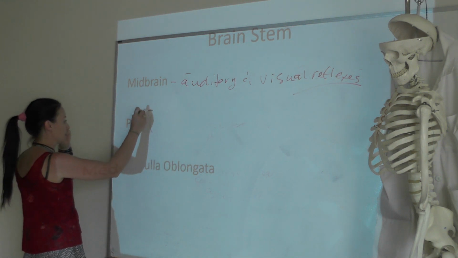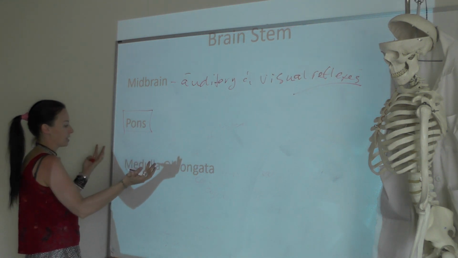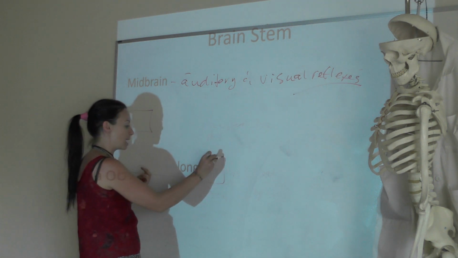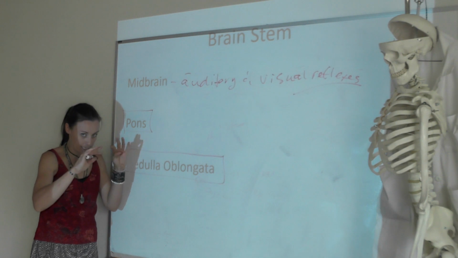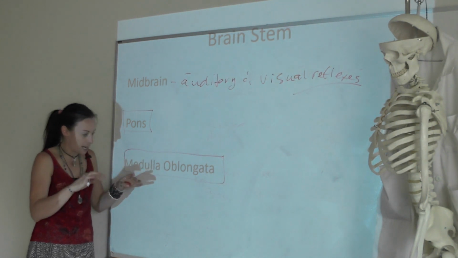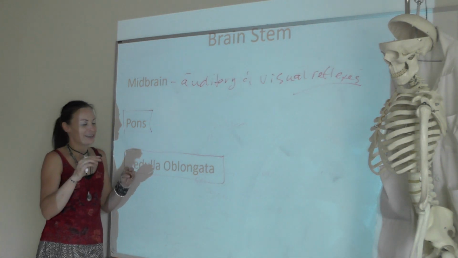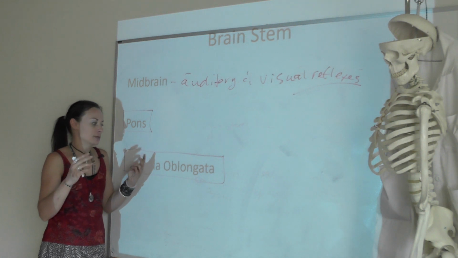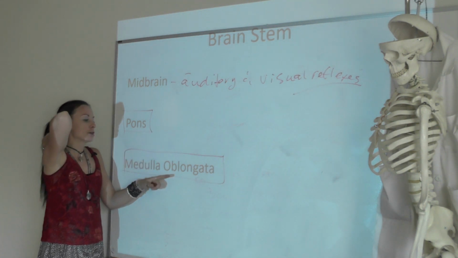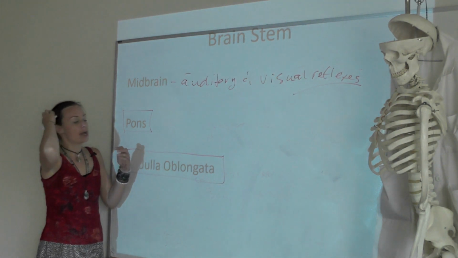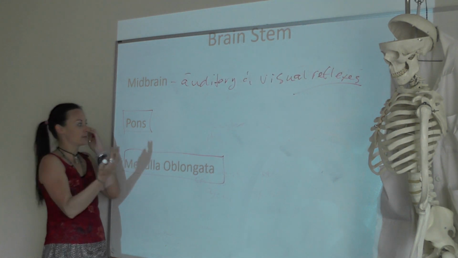Okay, pons. It adjusts things. So your medulla oblongata actually sets your basic vital signs. So it sets your heart rate. No, that was a lie. Your heart sets your heart rate. If you need to adjust your heart rate, you can do it through the brainstem. But it sets your respiratory rate, and so it's really in control of your basic vital life signs.